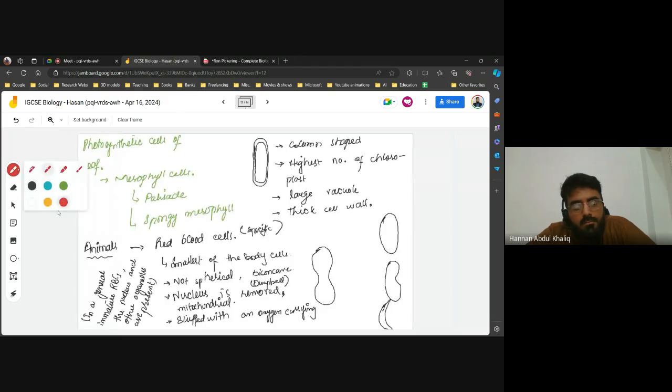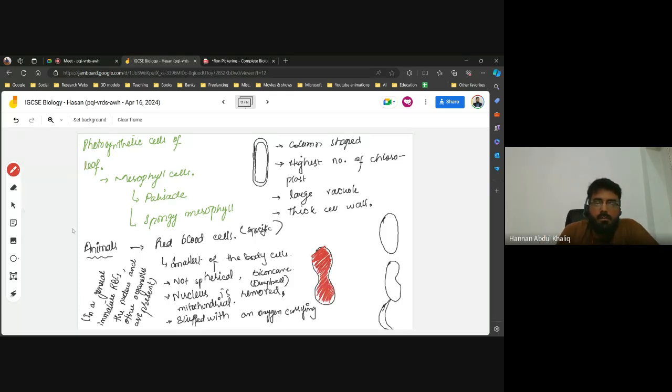So overall, every red blood cell is red because of this protein only. Red blood cells are dumbbell or biconcave shaped, and they would look like this.